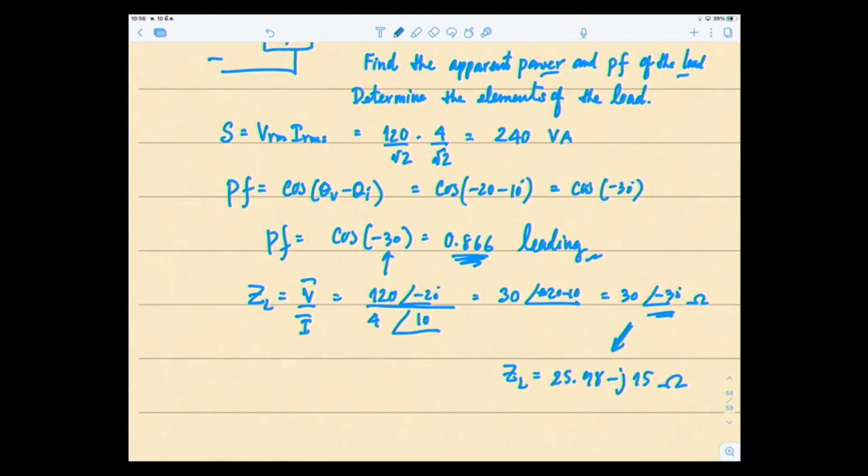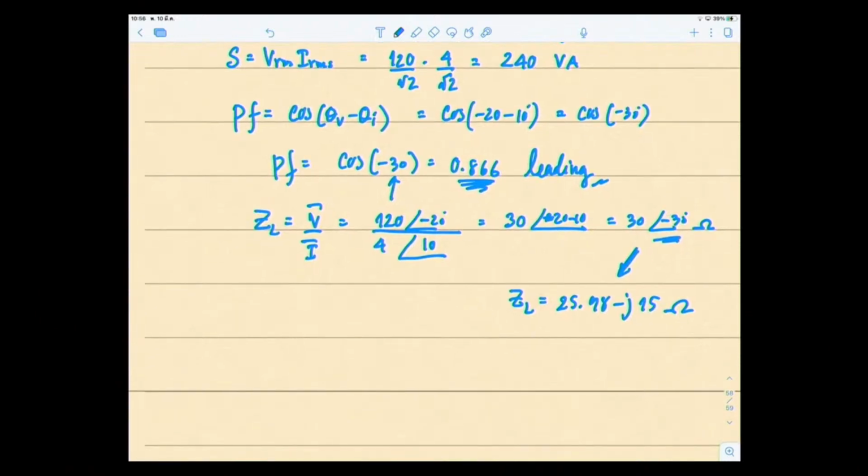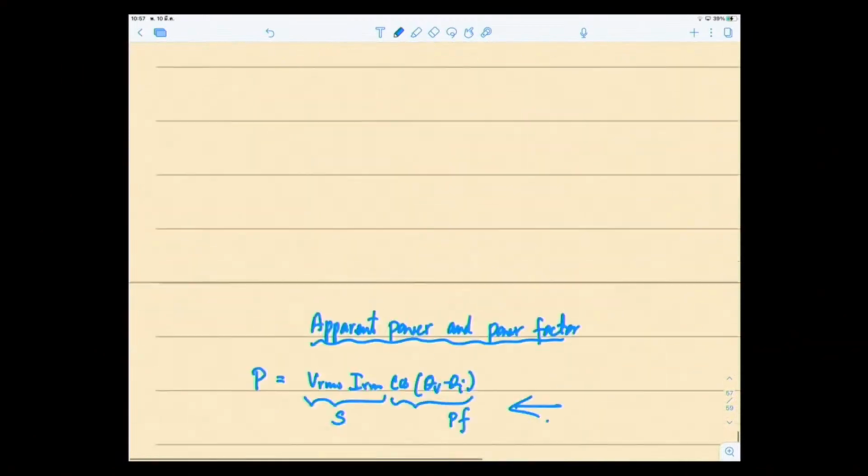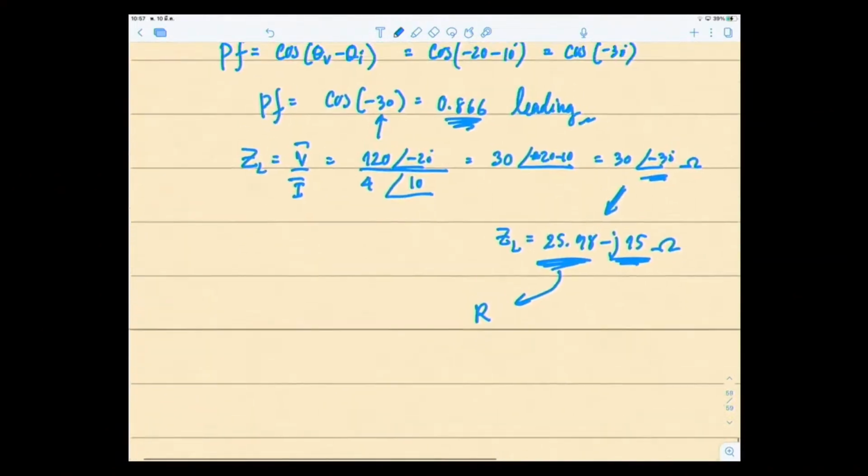Now you know that my ZL consists of the real part and the imaginary part. If you go back to your impedance concept, the real part is your resistive load, so it's your R resistor. And this minus j15 is your reactance, which represents either an inductor or a capacitor.